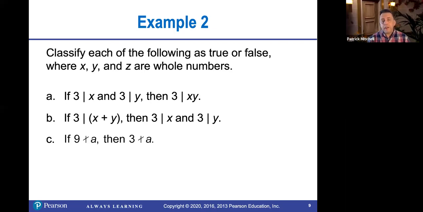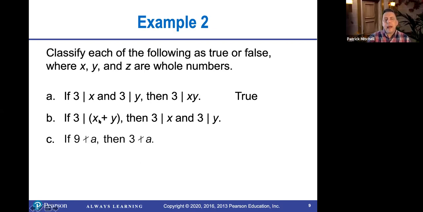And what we learned in the logic section was that the converse of a statement is not equivalent to the original statement. Now, this statement might be true. I'm just saying it's not automatically true. And actually, this statement is false. And to convince you that it's false, I'm going to give you a counterexample. Let's make x equal 4 and y equal 2.